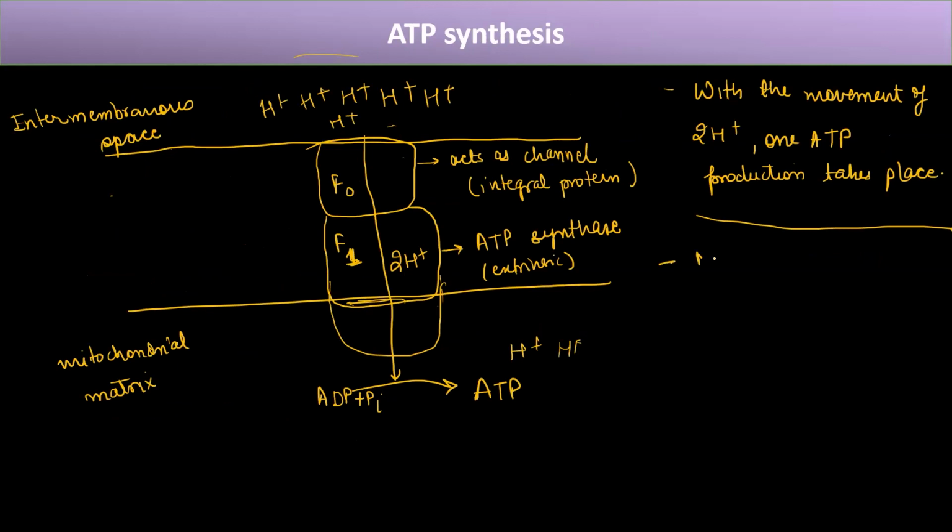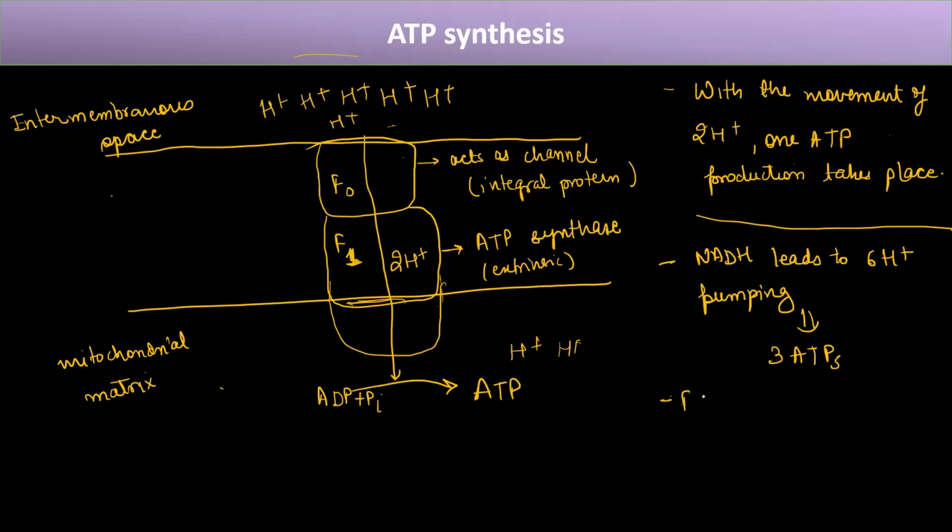So here we can write that NADH leads to 6 hydrogen ion pumping from the mitochondrial matrix to the intermembrane space, and that will ultimately come back. And when it comes back, it will lead to formation of how many ATPs? 3 ATPs, right?